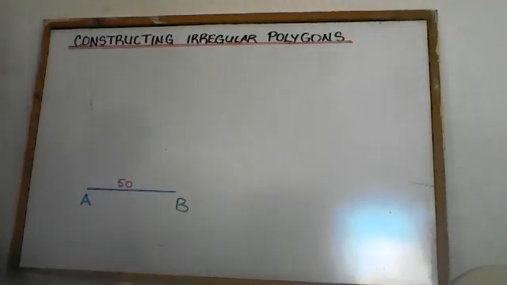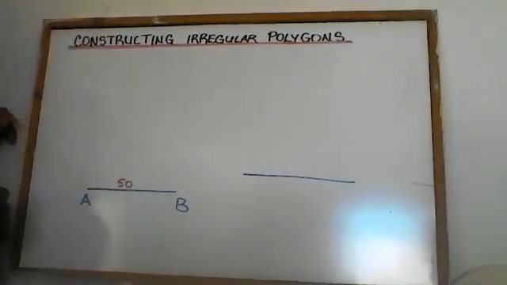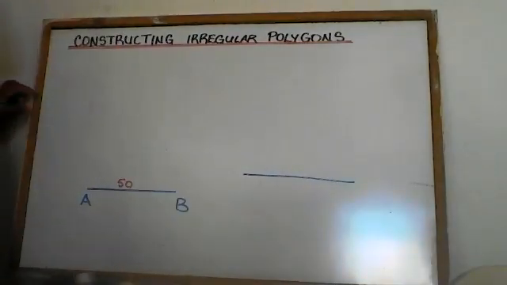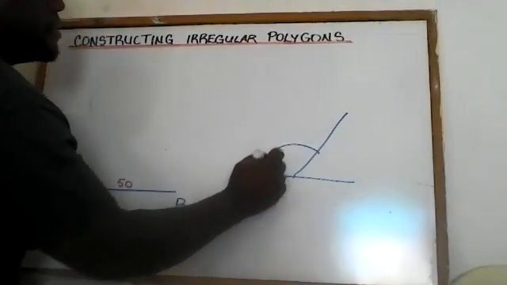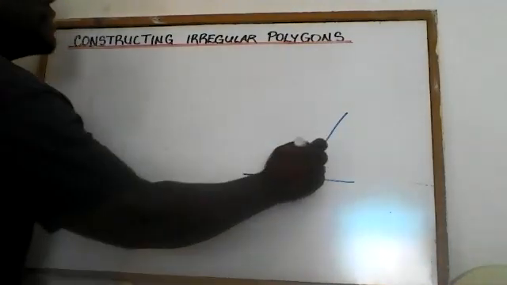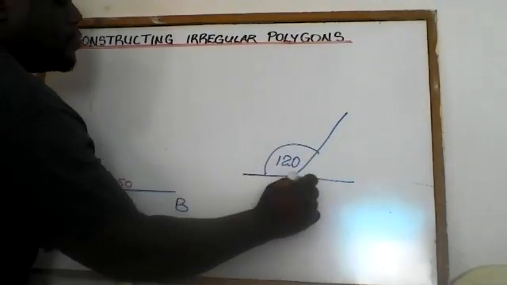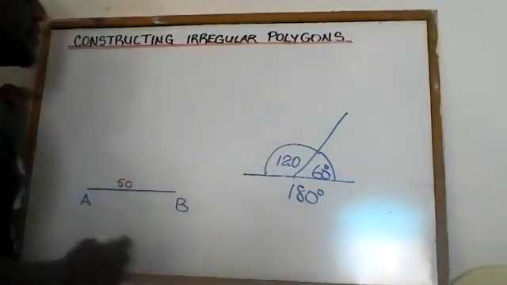The next step is to draw the angle at B, and it must have a length of 70 to C. Now, angle on a straight line is equal to 180 degrees. Therefore, if the included angle here is 120 degrees, the sum of the two angles must equal 180 degrees. Therefore, the missing angle is 60 degrees.